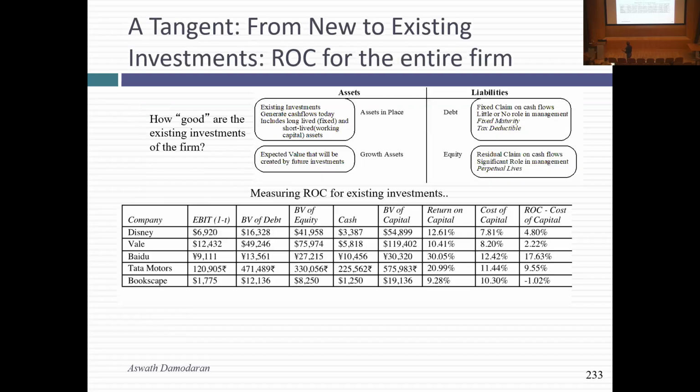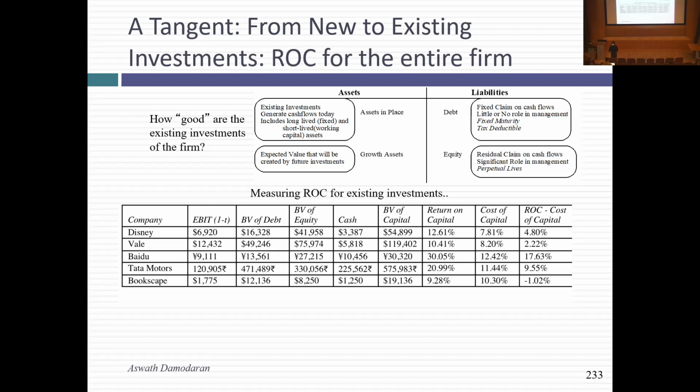In fact, what they do is they take an entire company and they compute the return on invested capital for the company. Let me explain what they're trying to do here. Remember the financial balance sheet? I described a company as having existing investments and investments in the future on the asset side and debt and equity on the other. What you're trying to measure with the return on capital in a company is how good are a company's existing investments?